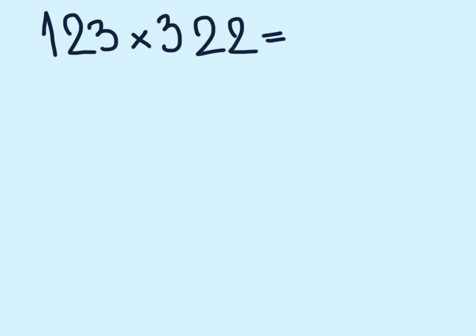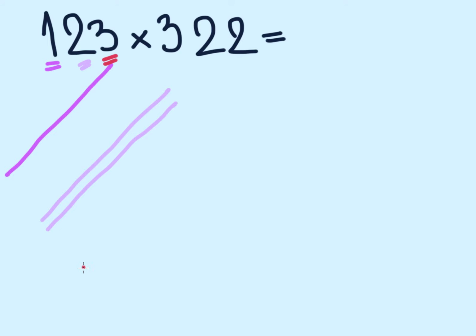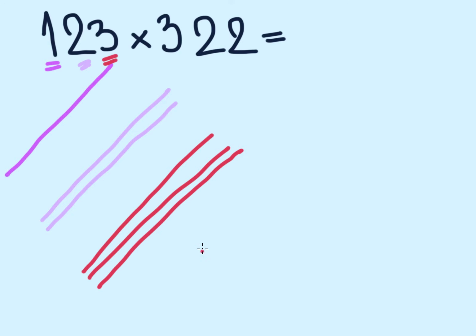Okay, so again, for number 1, we're going to draw one line. Number 2, right here, we're going to do 2 lines. And then number 3, we're going to draw 3 lines, 1, 2, and 3.